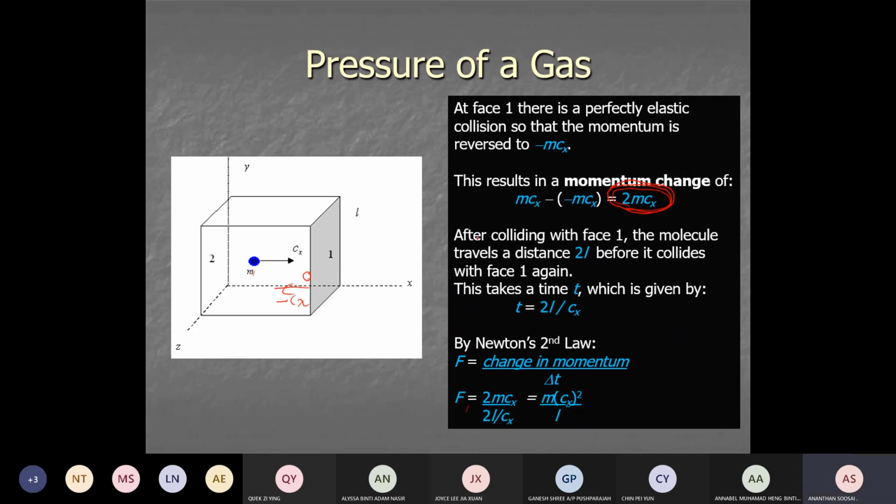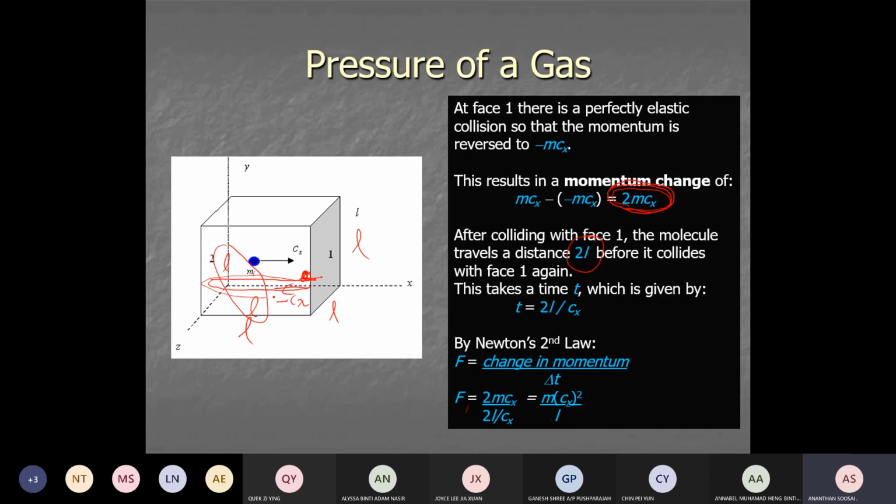For that, after colliding with phase 1, the molecule travels a distance of 2L. Do you agree? The box length is L, width is L, height is L. It's a cube. So when the particle hits wall 1, it moves to wall 2, travels a distance of L, and bounces back again, traveling a distance of L. You have to travel 2L.